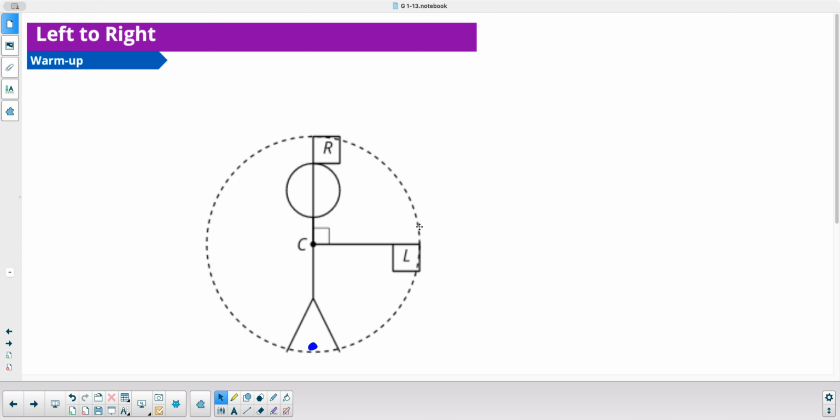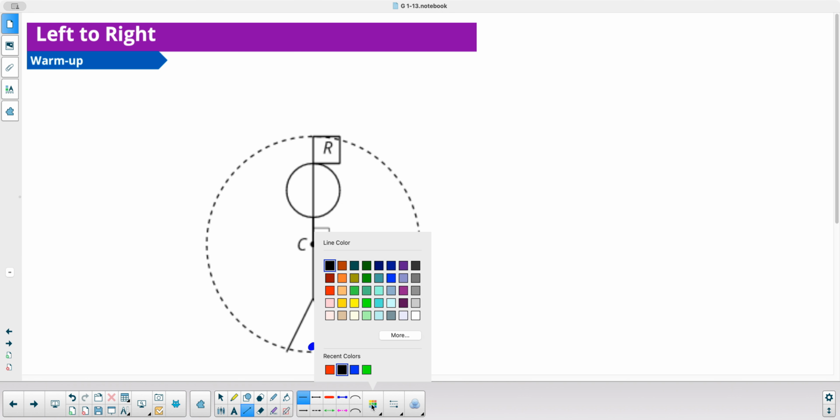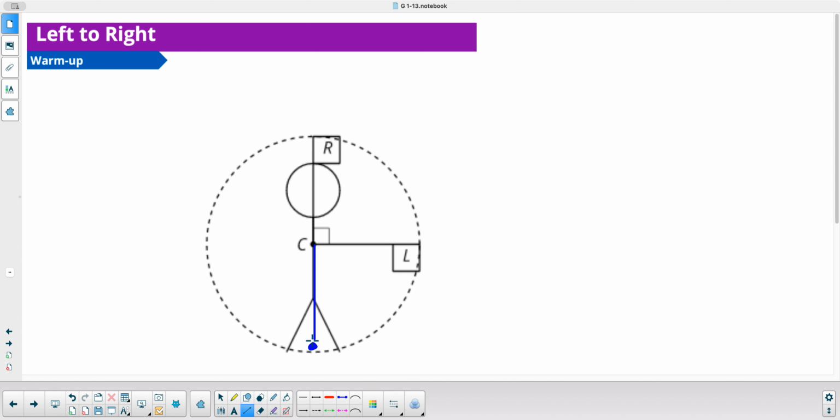So this would be my new flag. I can kind of swing it right there: 90 degrees clockwise, 180 clockwise, 270, and then back to the same spot is 360. But the key is my center of rotation would be C here.